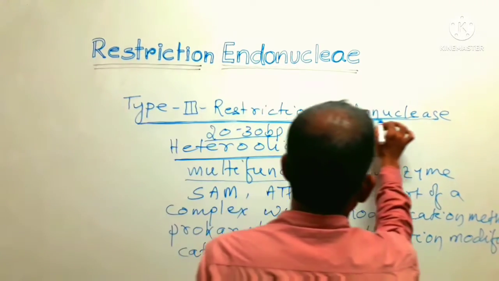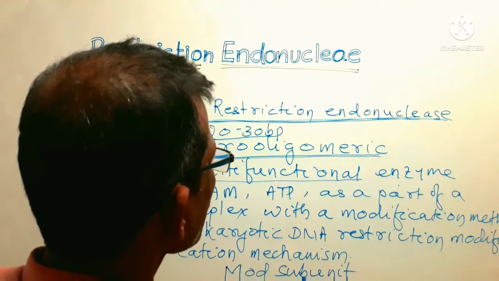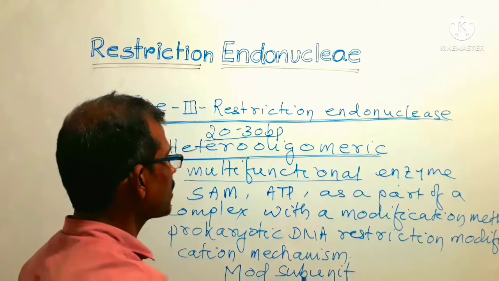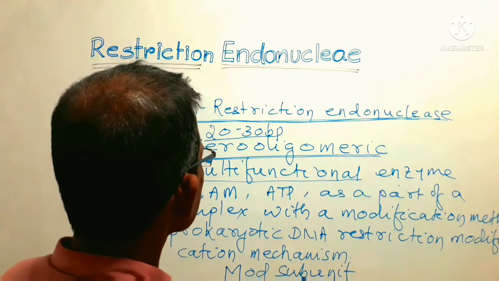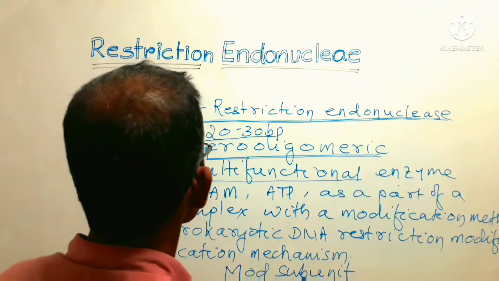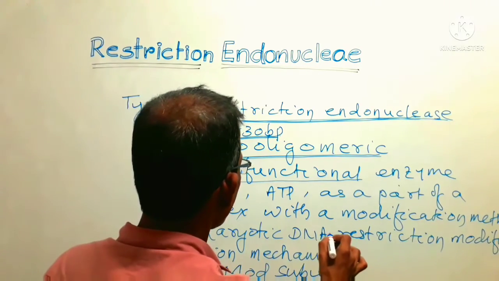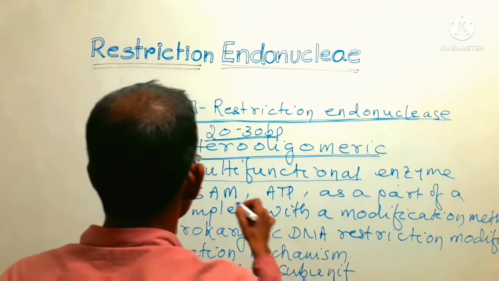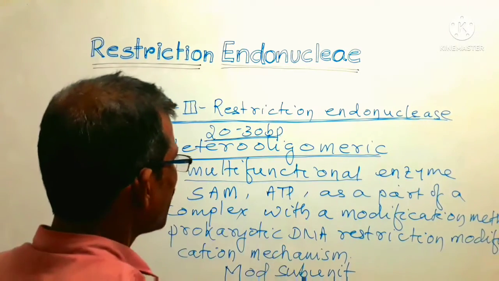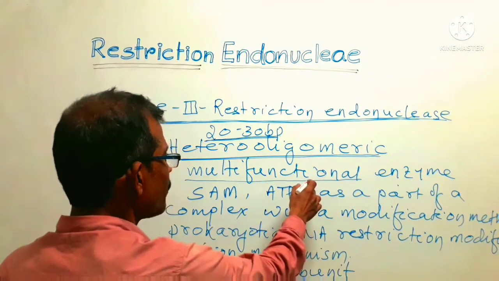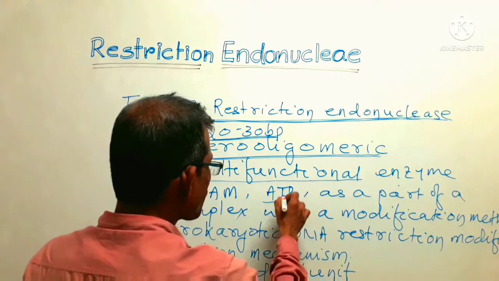Type 3 restriction endonucleases recognize two separate non-palindromic sequences that are inversely oriented, and the cleavage site is at least 20 to 30 base pairs away from the recognition site. Type 3 restriction enzymes are hetero-oligomeric and multifunctional. These enzymes require ATP but do not hydrolyze it.